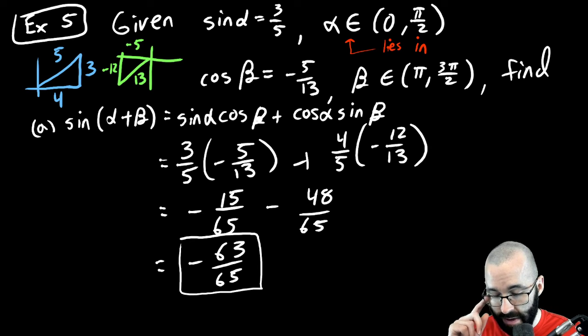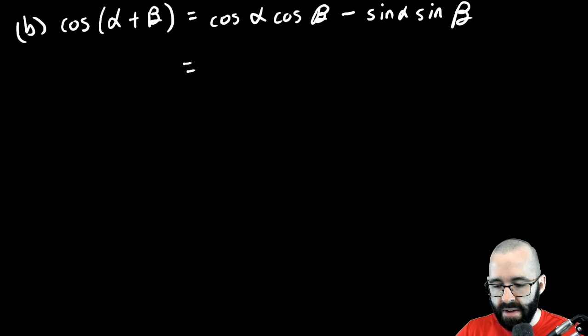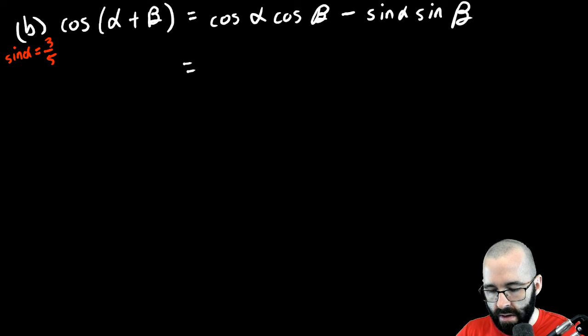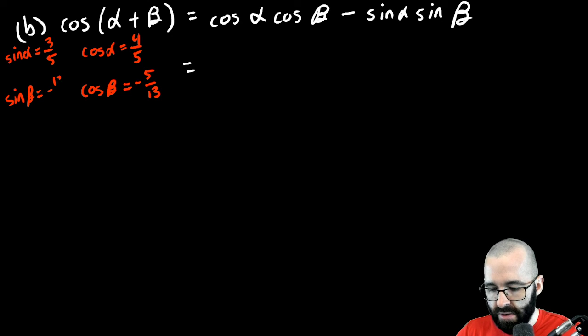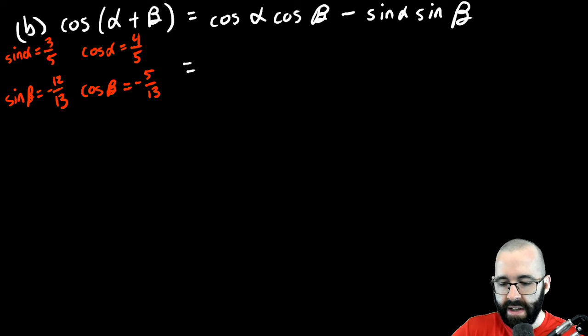I don't remember what these were. Sine of alpha is 3/5. I'm going to write these down again. Cosine of alpha was 4/5. We knew that cosine of beta was negative 5/13. And we knew the sine of beta was negative 12/13. We just sub all of this in.